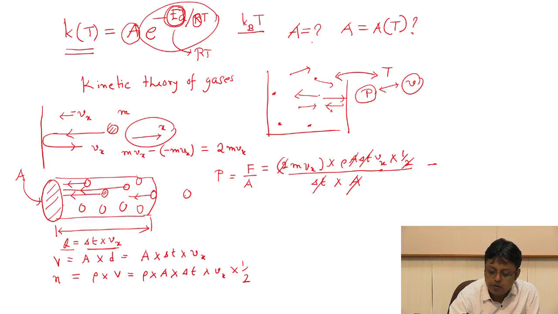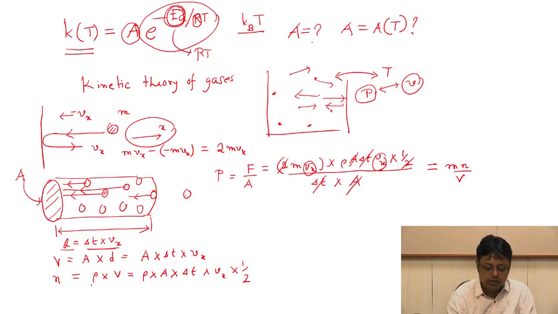So what I'm left with is nothing but m into Vx, and then rho. And rho, actually, instead of rho, we could write it as N by V. It will be clear why I'm writing the rho again as N by V.